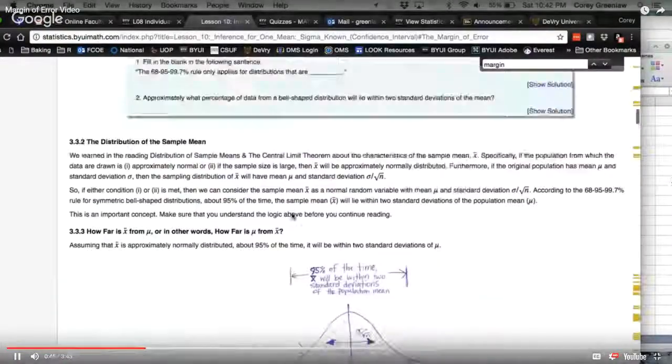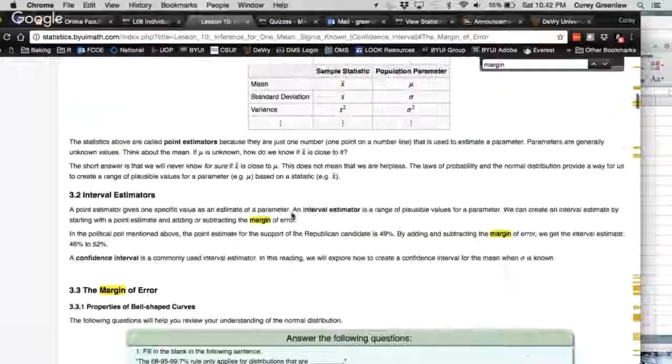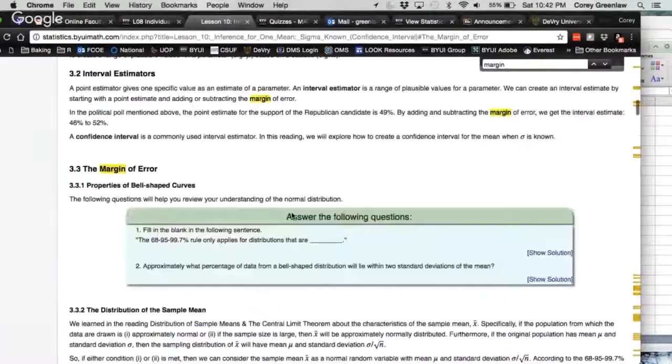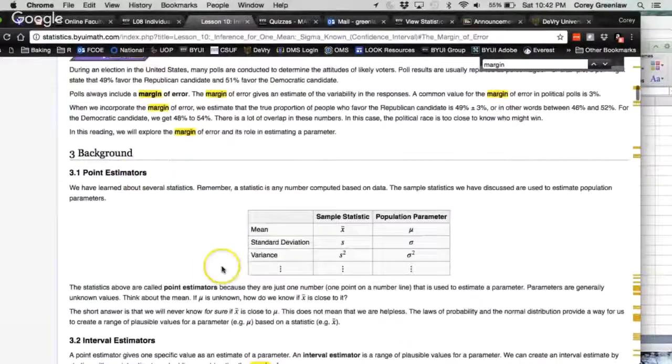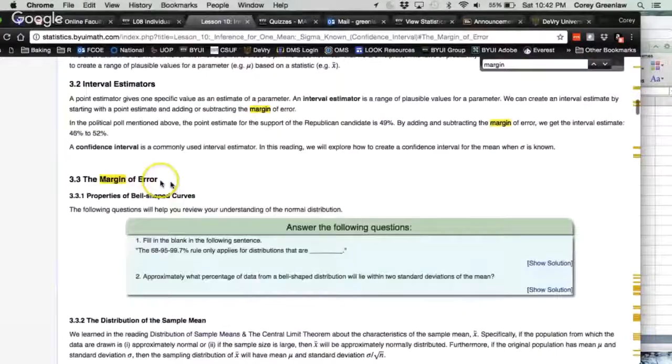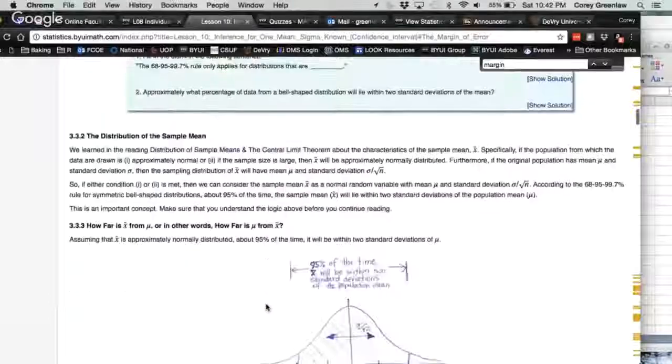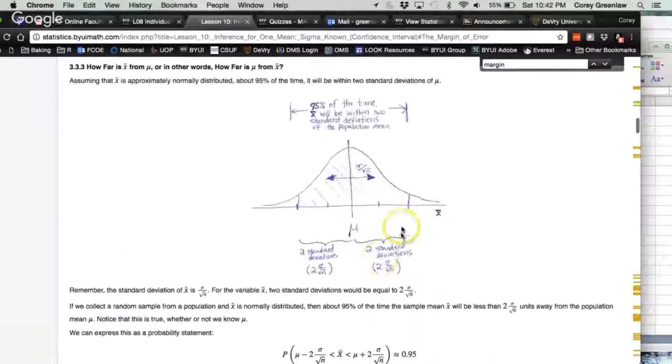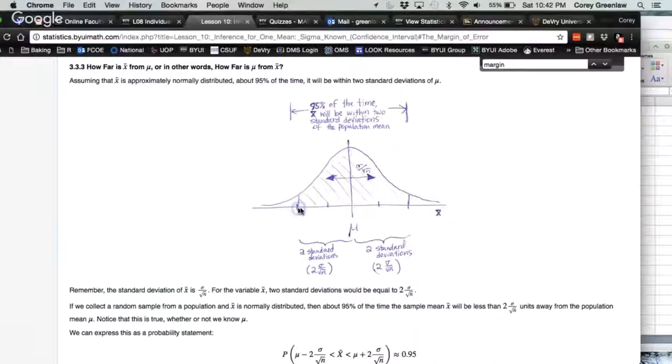And what we want to be able to find is the margin there. So if you look back here in lesson 10, it goes in and tells you about point estimates specifically, and then it talks about the margin of error. Now, we've spent our time dealing with 95% confidence intervals where we're on either side. So we go from here to here.